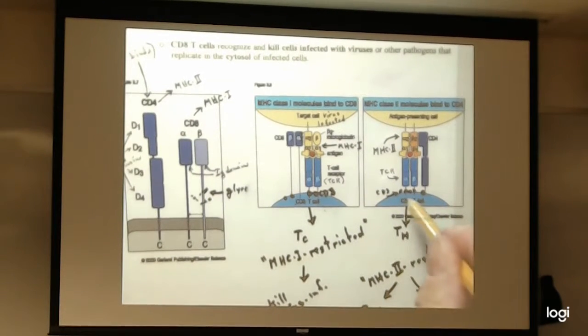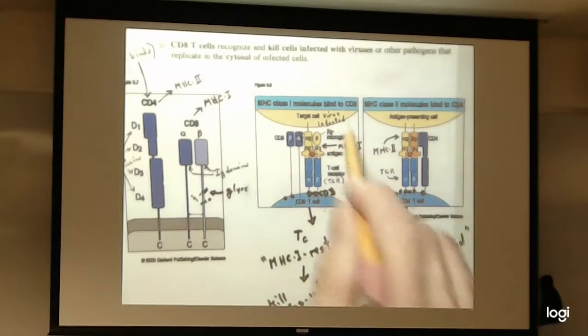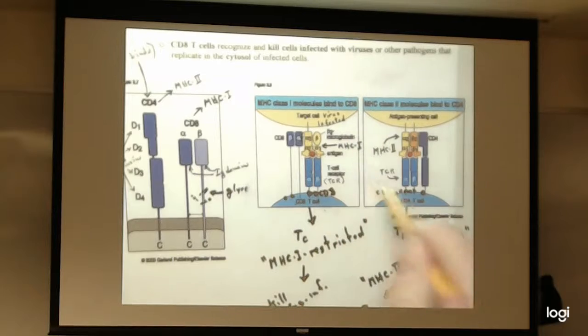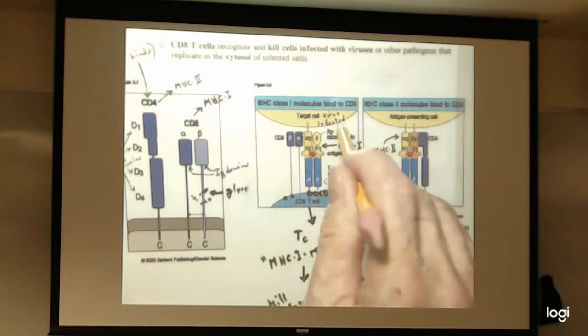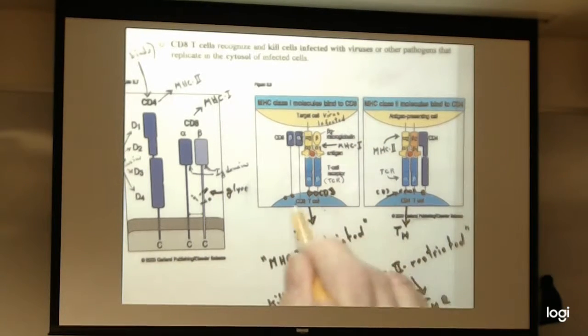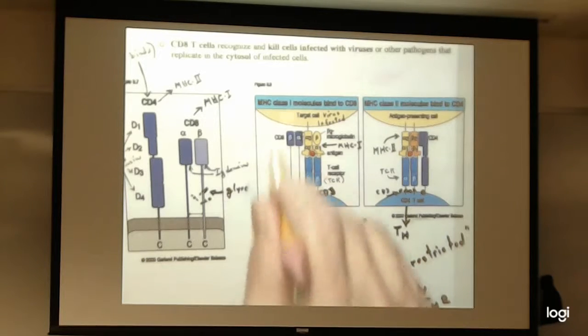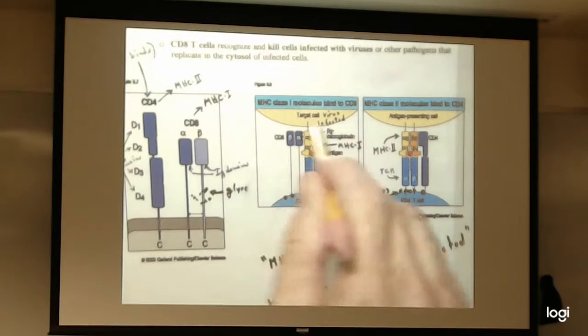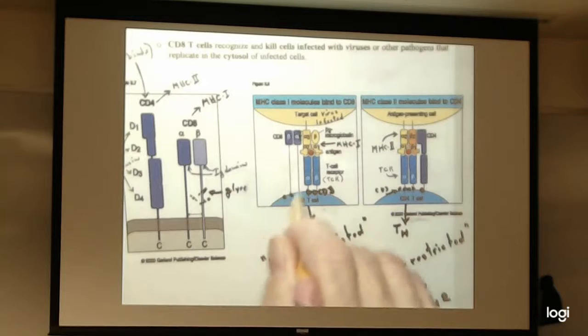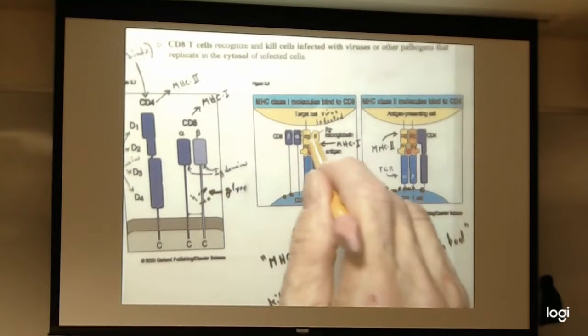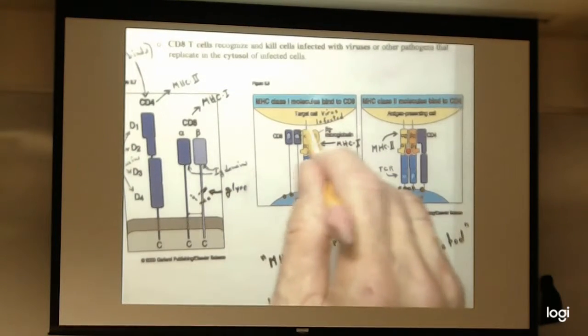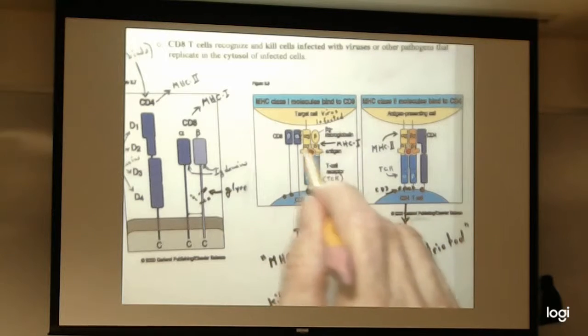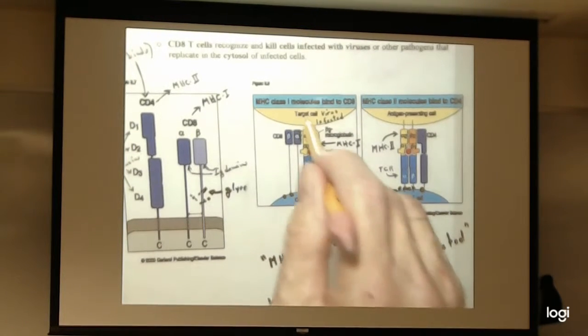So CD4 T cells ignore MHC1 molecules because they don't have any CD8 proteins, and the CD8 T cell, which does have CD8 proteins, in a way that was analogous to CD4, CD8 proteins bind to the base of this MHC molecule here.